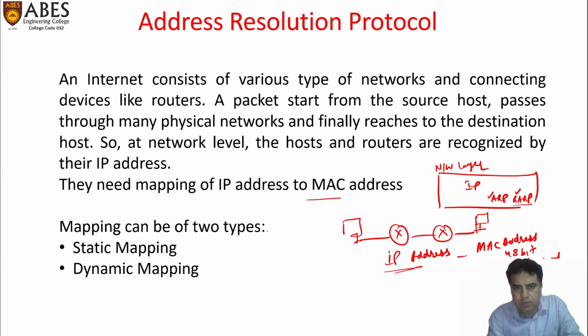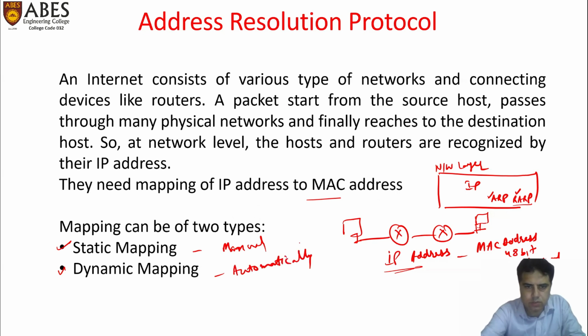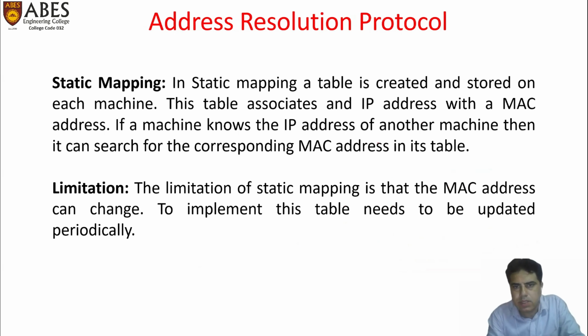So mapping can be of two types. The first one is static mapping and the second is dynamic mapping. Static mapping is the manual mapping, while dynamic mapping is done automatically by some protocols. So what is static mapping? In static mapping, a table is created and stored on each machine. This table associates an IP address with a MAC address.